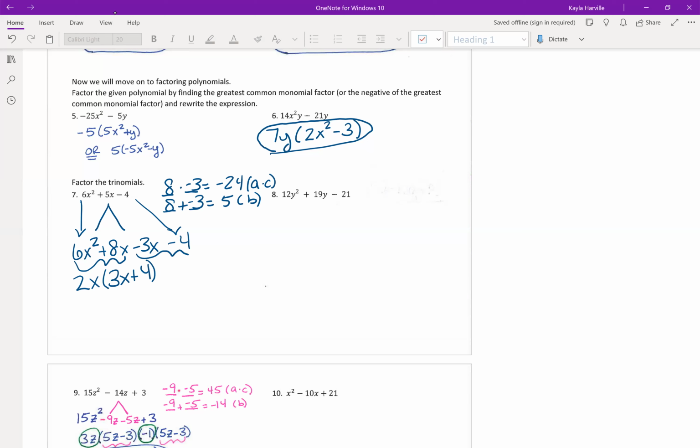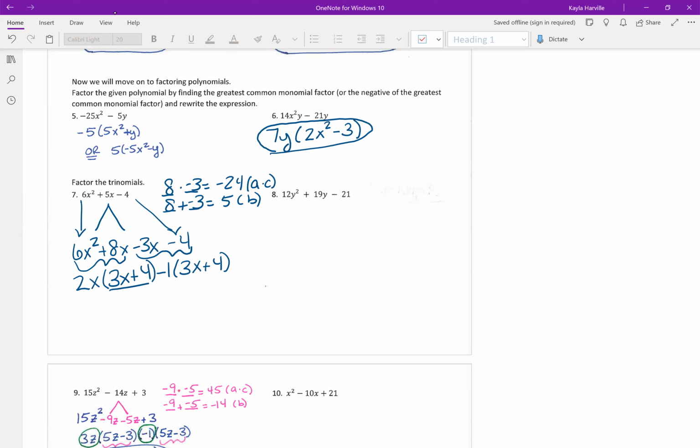Now, in the second two, I'm either going to pull out what they have in common or the negative of that. I want to have the parentheses 3x plus 4. To do that, I need to pull out a negative 1 because that would leave me with 3x plus 4.